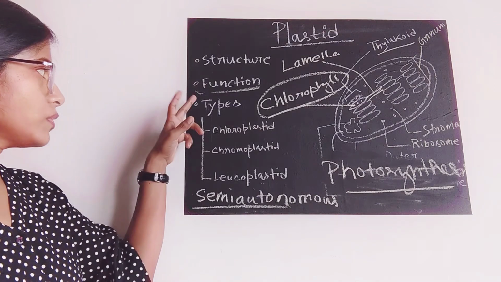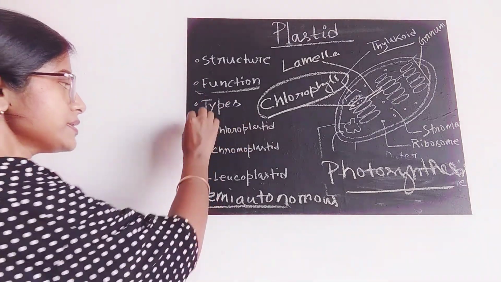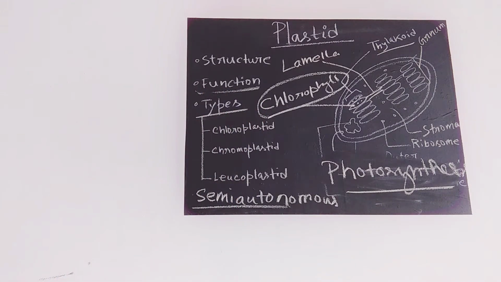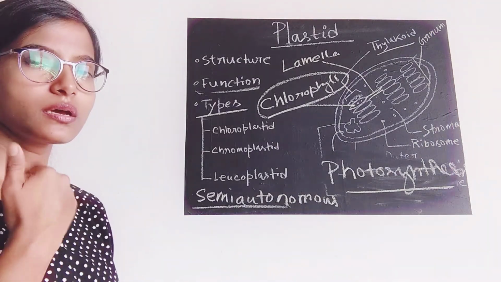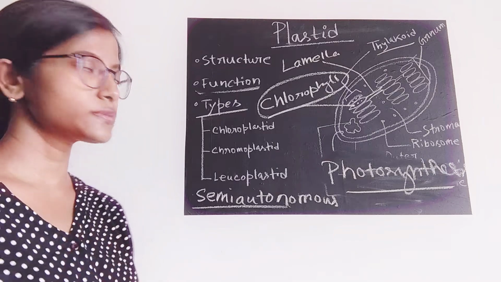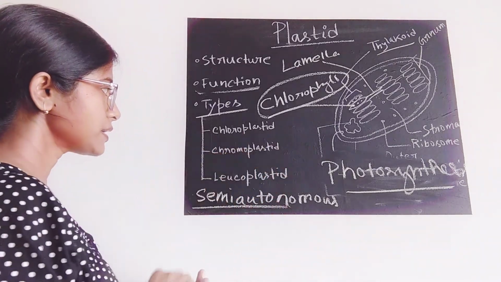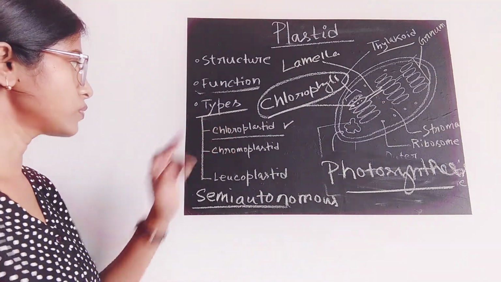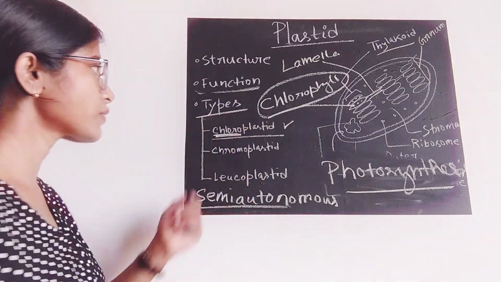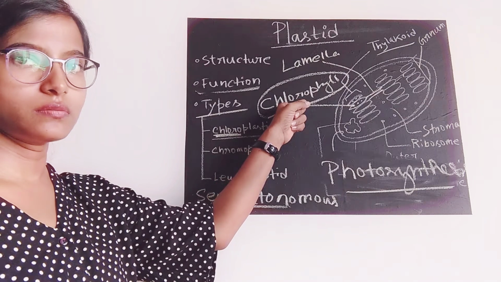Okay, now the third section is types. Plastid is of 3 types. The first one is chloroplastid. This word chloro comes from the word chlorophyll.